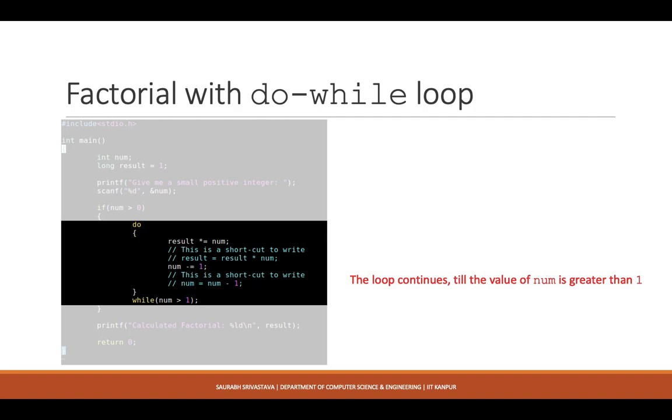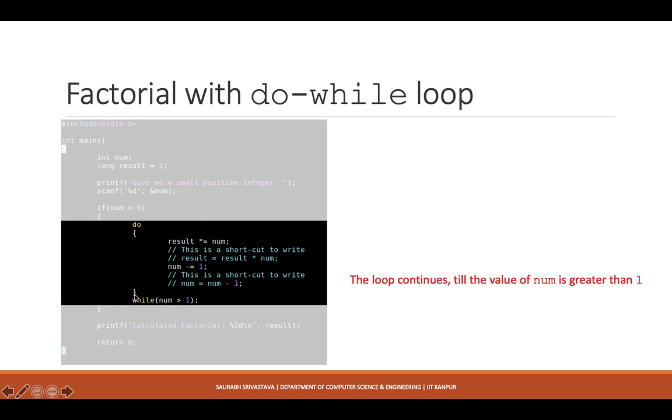So num becomes 5, result becomes 6, and the condition to stay inside the loop is that num should be greater than 1. Because num is currently 5, I go back into the loop. This time result will be multiplied by 5, so it becomes 6 into 5, and then num is reduced by 1 again. It becomes 4. I come here, check it, and see that it is still greater than 1, so I go back again.